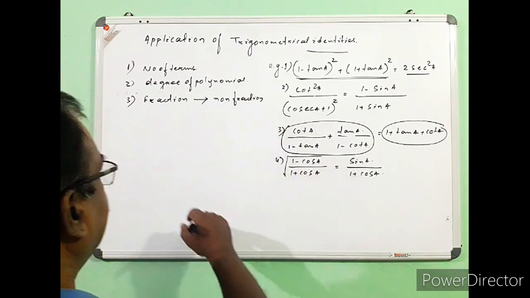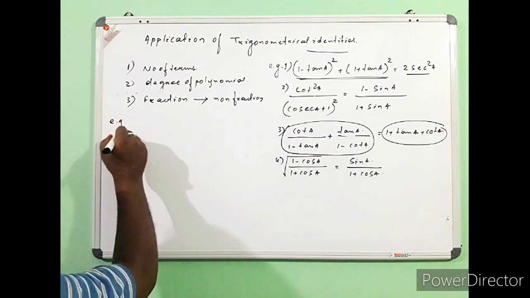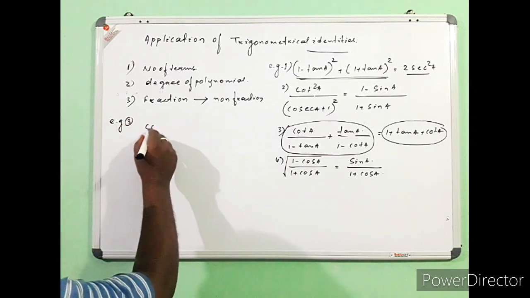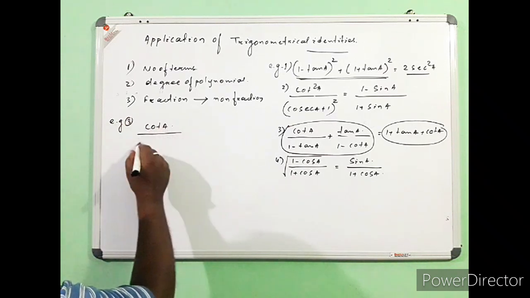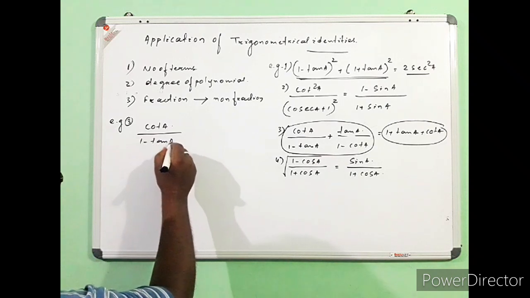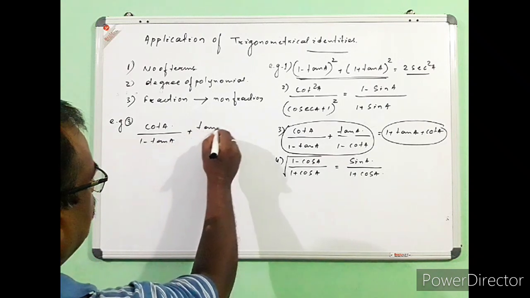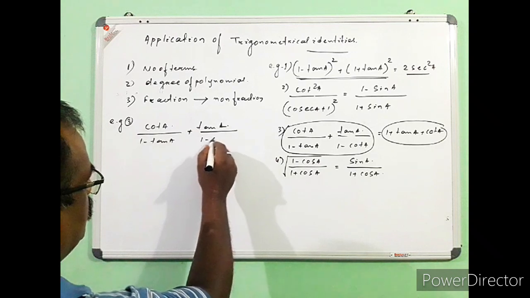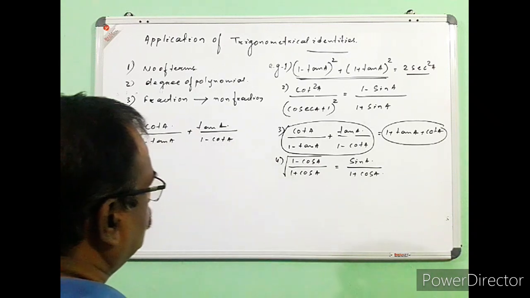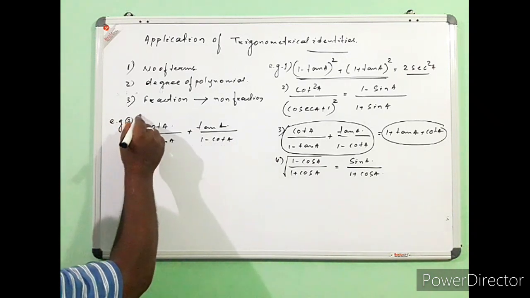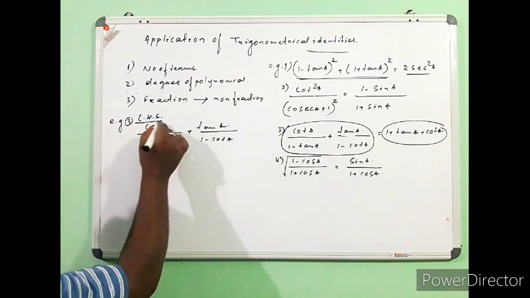Take an example, example number 3, where it is given that cot A by (1 minus tan A) plus tan A by (1 minus cot A). Now in this case, this is the left hand side we are going to split.